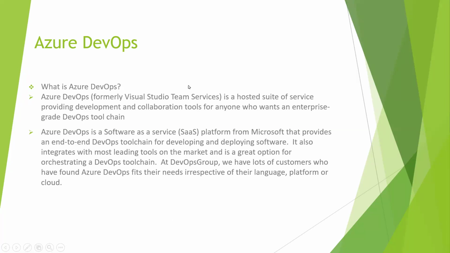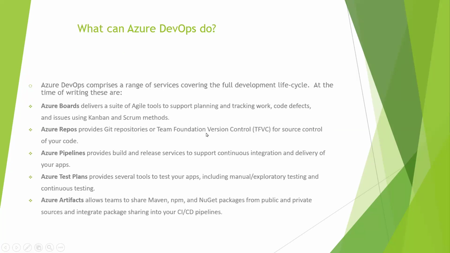This is the advantage of Azure DevOps. Here, there are mainly 5 components. If you learn all these 5 components, your job is done. You can easily work on Azure DevOps. What are these 5 components?